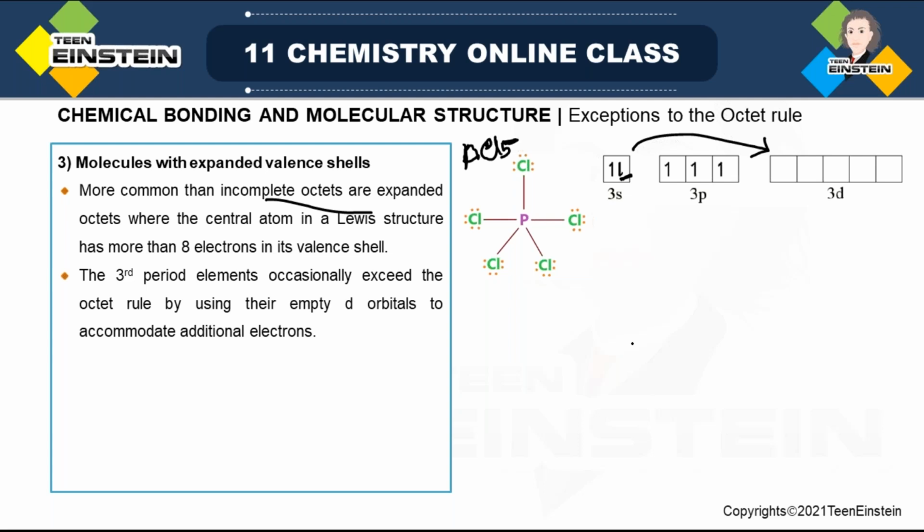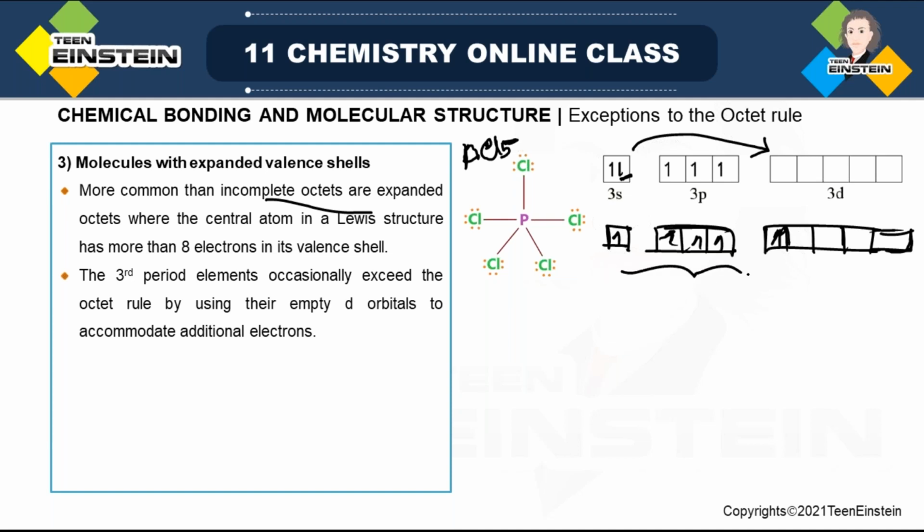So this is the ground state configuration, but in the excited configuration you can write 3s1, then 3p as it is present, and 3d, one more electron here. So now there are a total of 5 unpaired electrons, right?